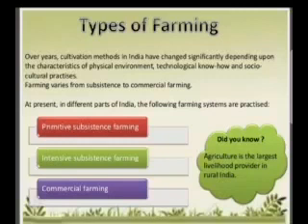At present, in different parts of India, the following farming systems are practiced: primitive subsistence farming, intensive subsistence farming and commercial farming. Did you know agriculture is the largest livelihood provider in rural India?